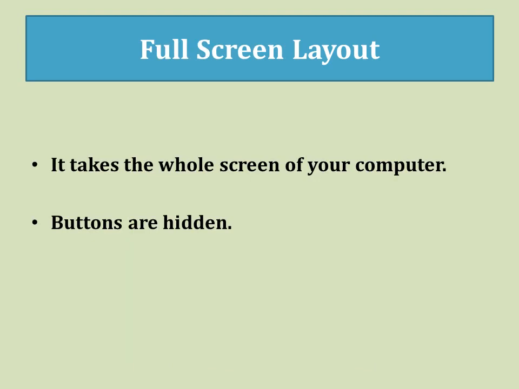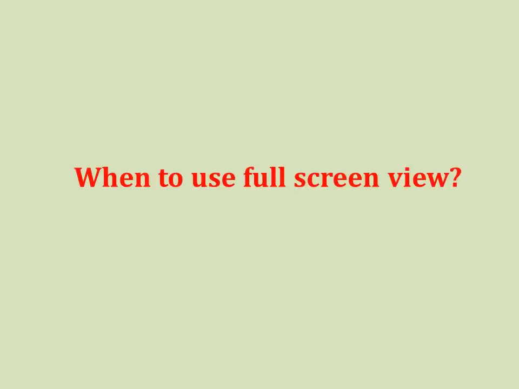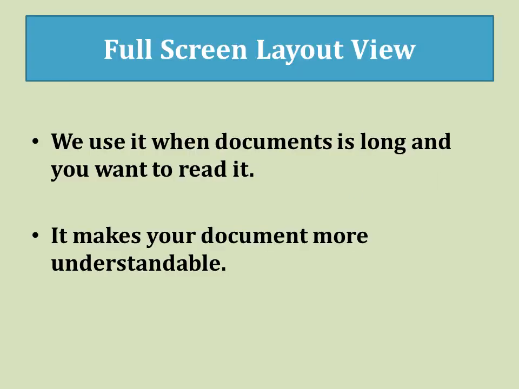Next is full screen layout. It takes the whole screen of your computer, and when you apply full screen layout on your document, the buttons of Microsoft Word are hidden. Now the question that arises is when to use full screen view. You use the full screen layout view when your document is long and when you want to read it.